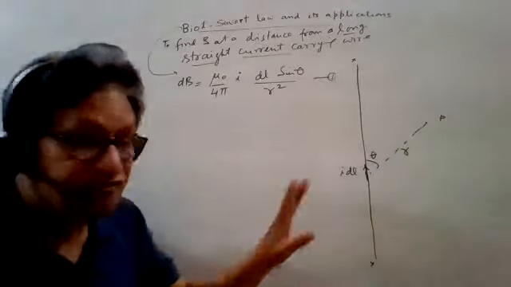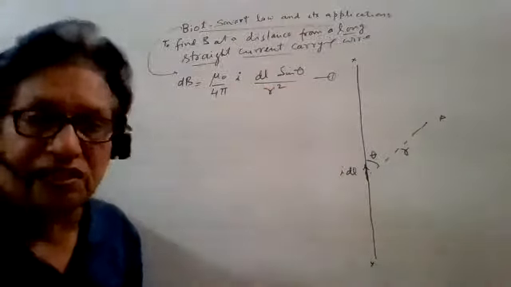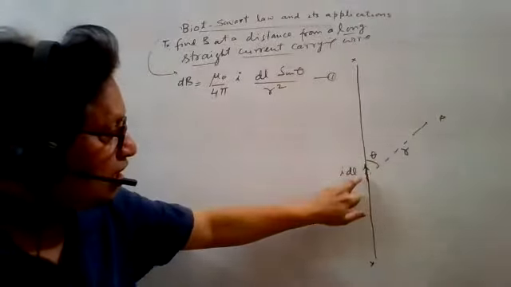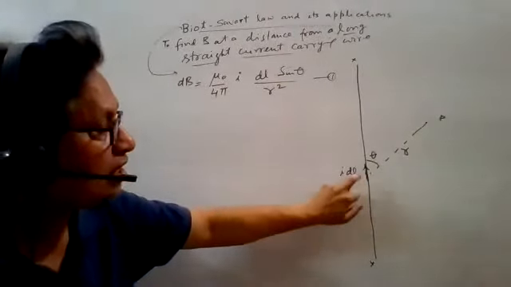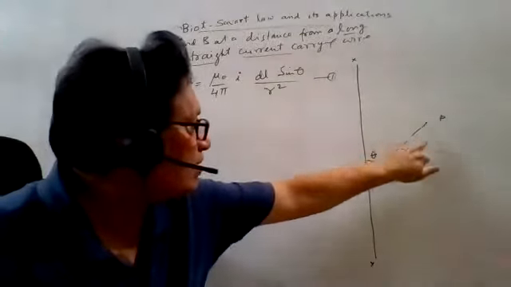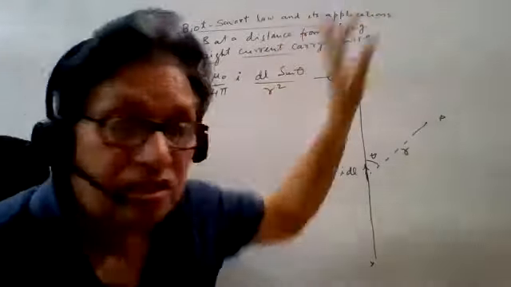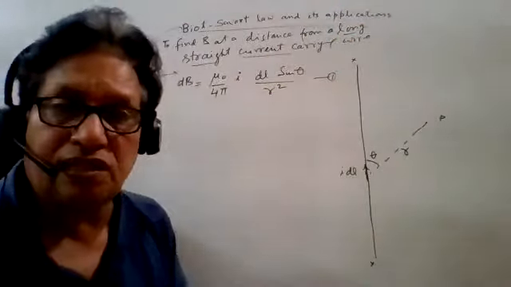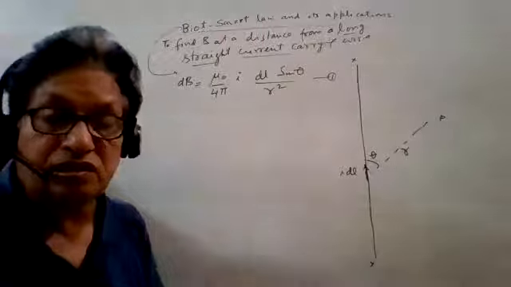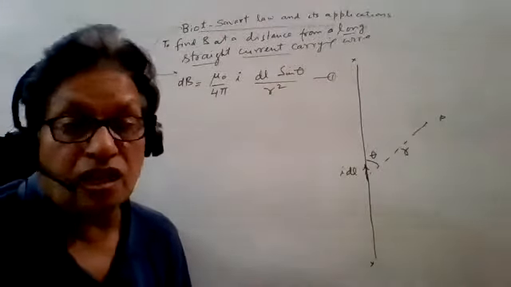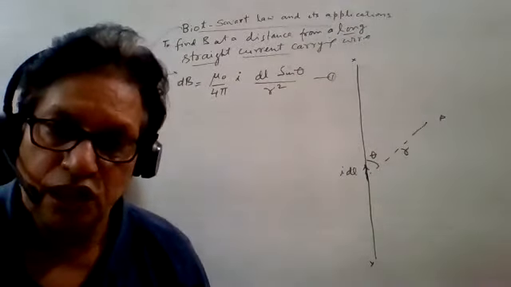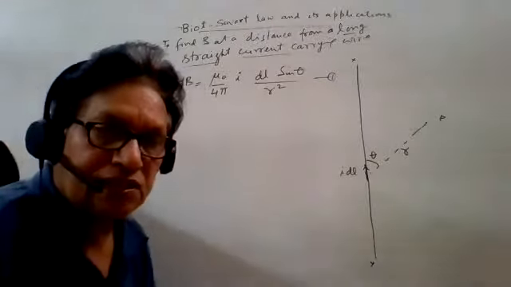But that previous case was very simple. Theta was 90 degrees. Here theta is a variable. It depends on the position of point P with respect to the current element. Suppose it is somewhere here, there. It means theta is a variable quantity. Distance also varies, and this current element may be small, may be larger. So these are also variable. Now this is a very puzzling problem. There are three variables. With respect to what can we integrate?